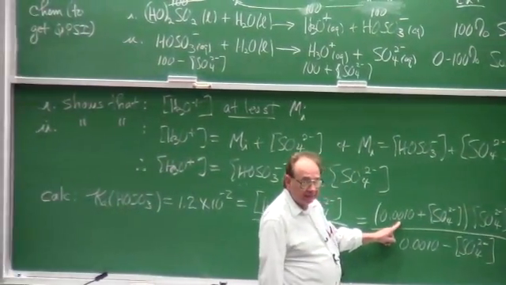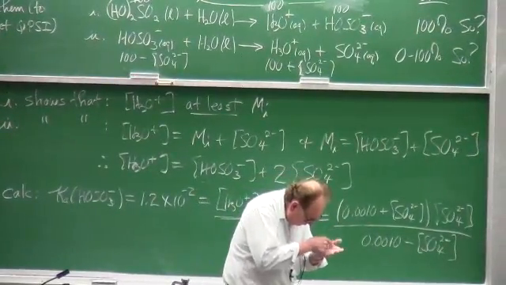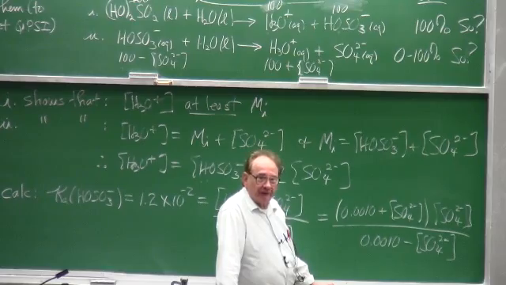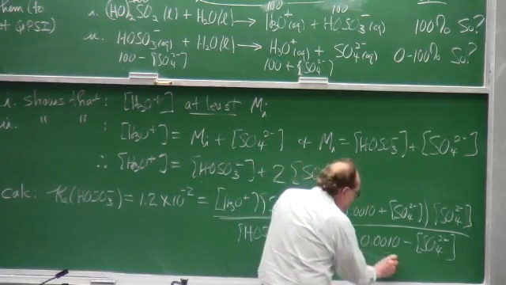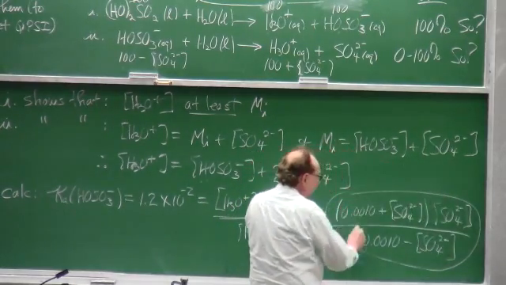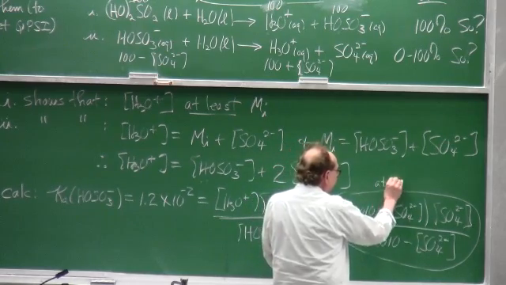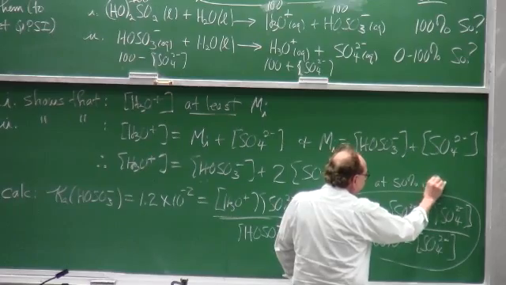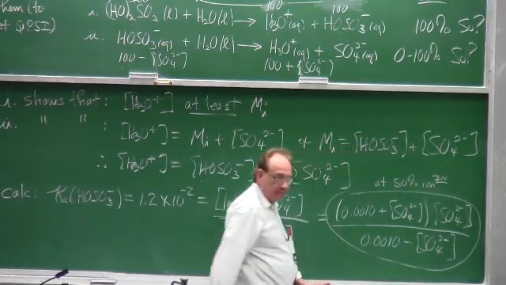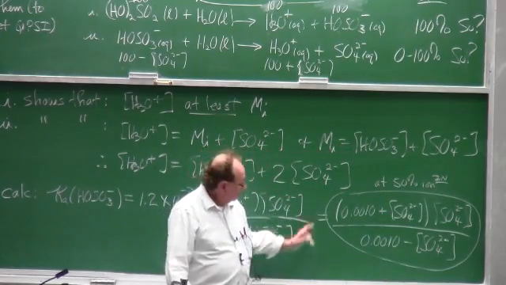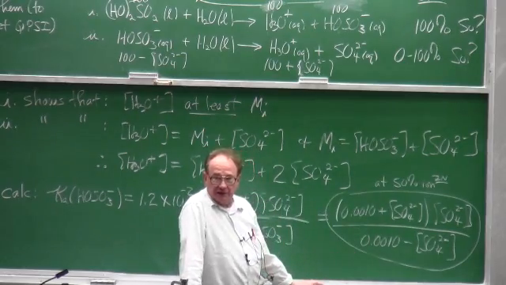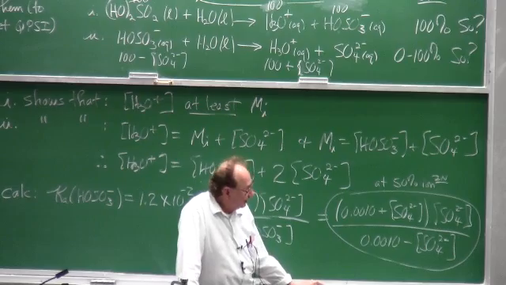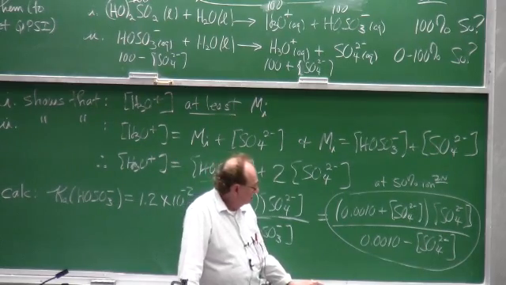What's half of this? So if I try 50%, what does this term equal right here? What does this term equal at 50% ionization? 1.5 times 10 to the minus 3.